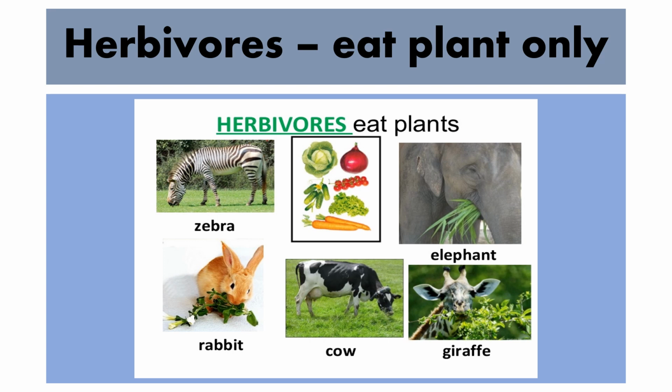Now, do you remember what herbivore is? Okay, some of you, yes, very good. So herbivore eats plants only. I will show you a few examples here. Zebra, elephant, rabbit, cow, and also giraffe. They are herbivores. They only eat plants. For example, here you can see the elephant. It eats plants.